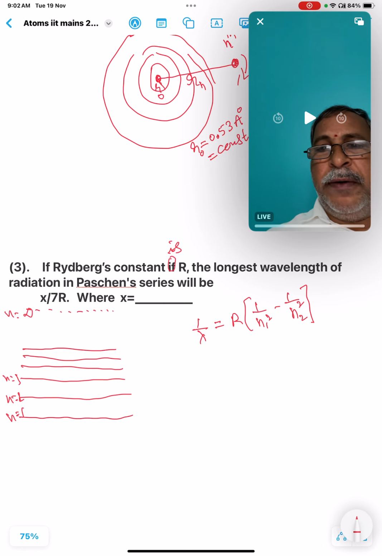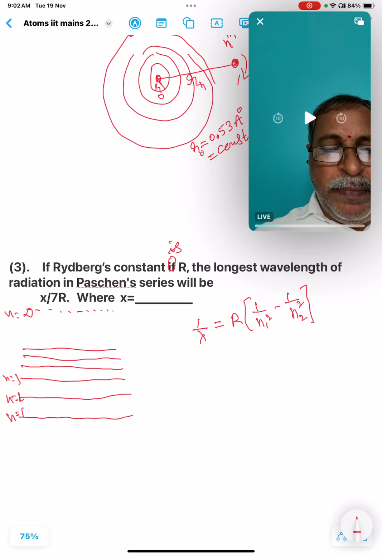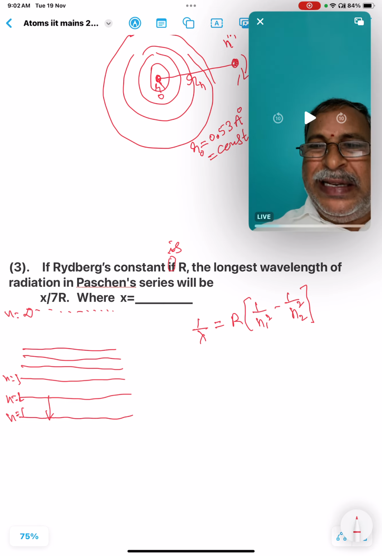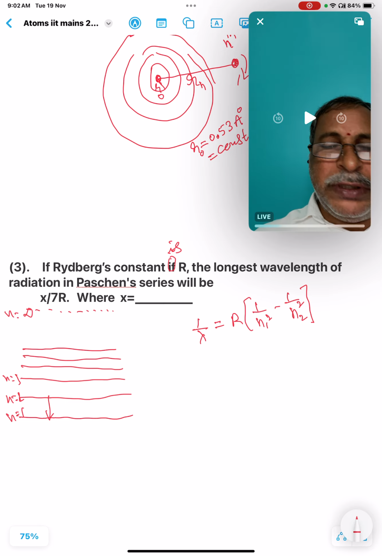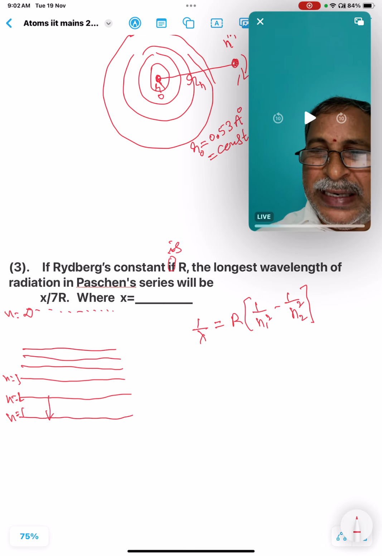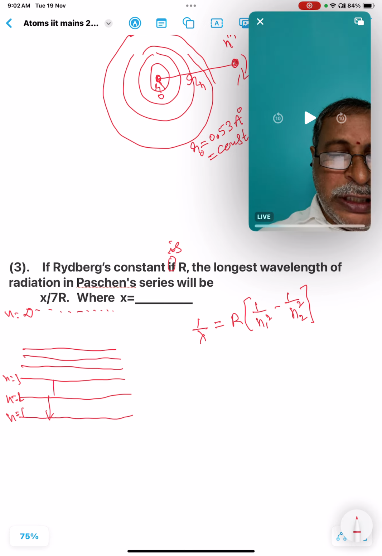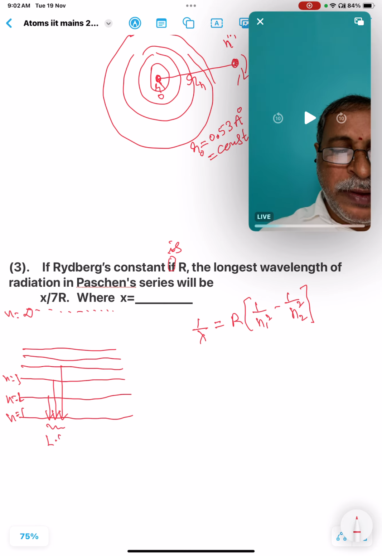If an electron jumps from second orbit to first orbit, we get Lyman series. If electrons jump from higher orbits to second orbit, it is Balmer series. If all electrons jump into the first orbit, that is Lyman series. If all jump onto the second orbit, we get Balmer series.